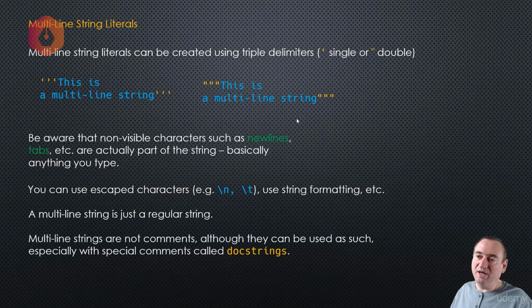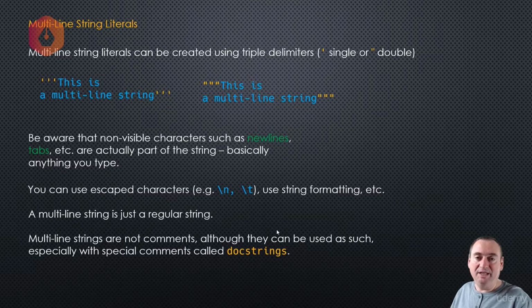Now, one thing I want to point out is that multi-line strings are not the same thing as comments. They can be used as comments, especially with what we call doc strings, which we'll look at in a lot more detail in the object-oriented section. But strings and comments are not the same thing. So yes, you can put strings inside your code that are not assigned to a variable, that are just sitting there in your code.